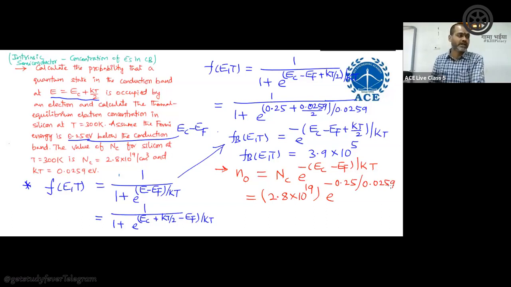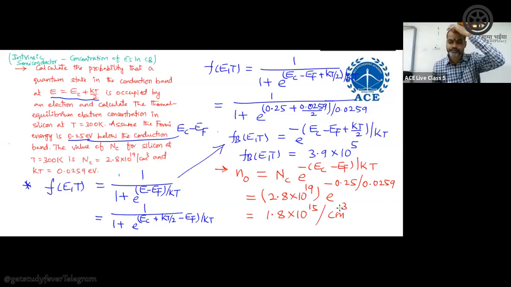So you calculate this value, you will get 1.8 into 10 power 15 per centimeter cube. Is it clear? Hope I am clear with what I have done. There are two things that you need to find out here. One is the probability, another is the equilibrium electron concentration. This is how you can calculate.